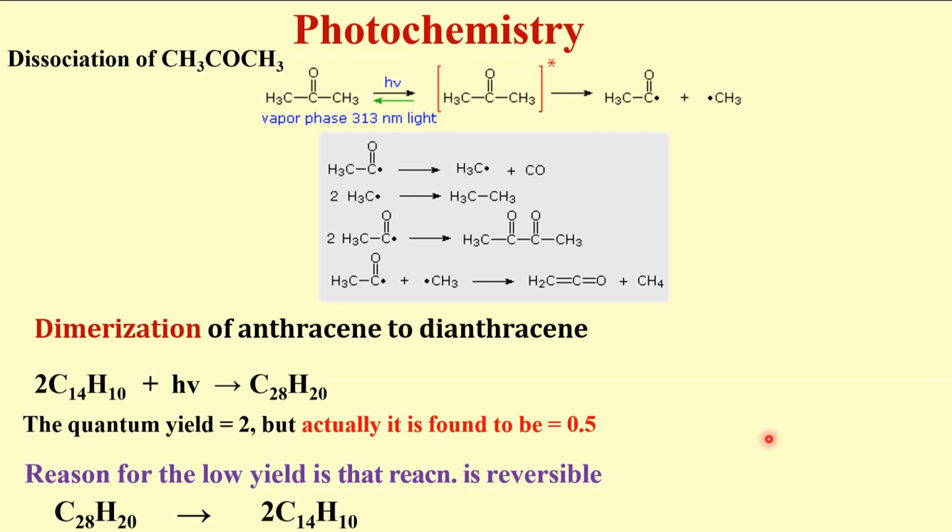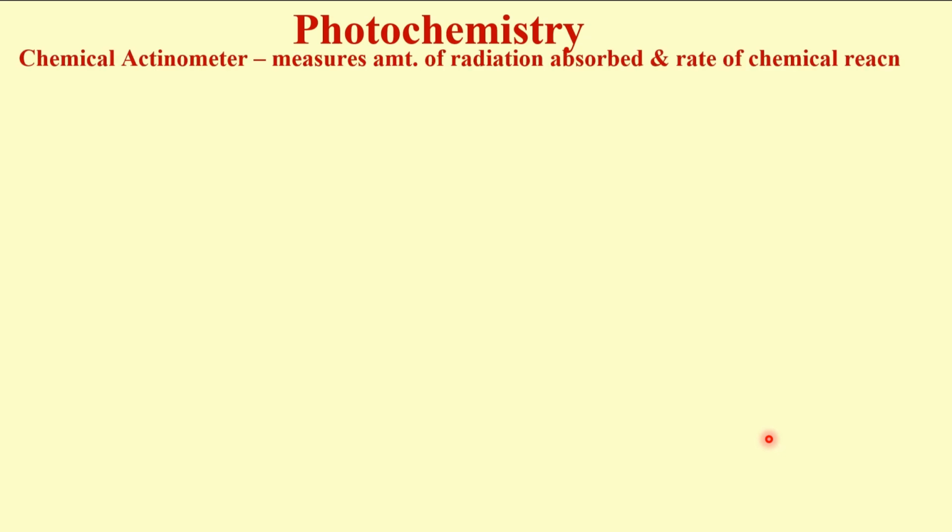How to measure the rate of reaction in photochemistry? We can use a chemical actinometer. An actinometer measures the amount of radiation absorbed and correlates it with the rate of chemical reaction.